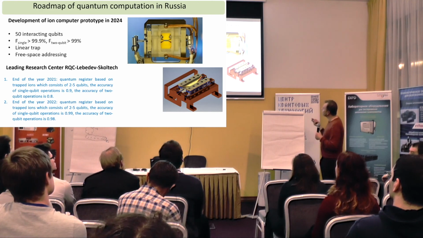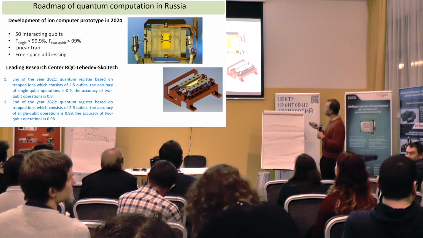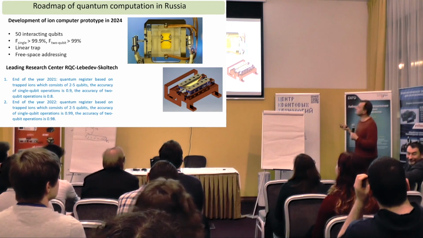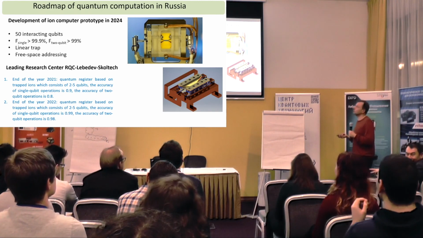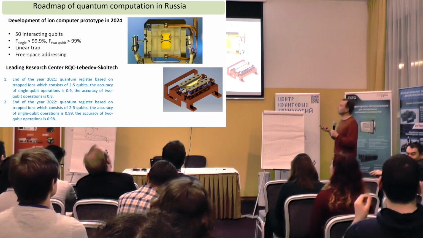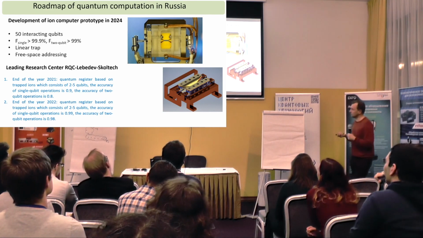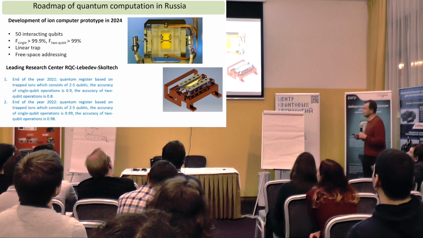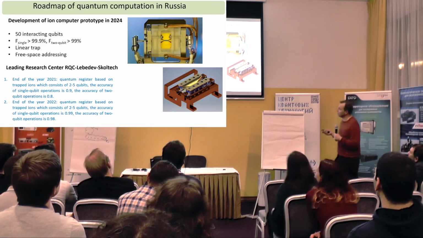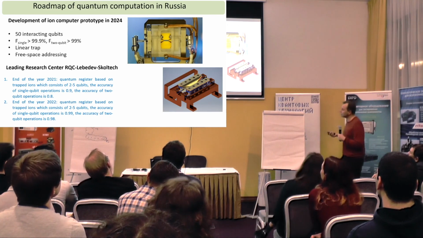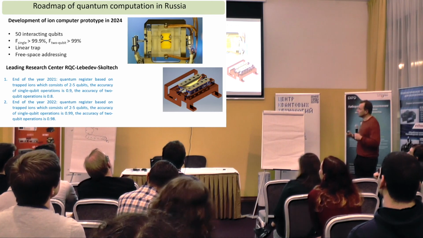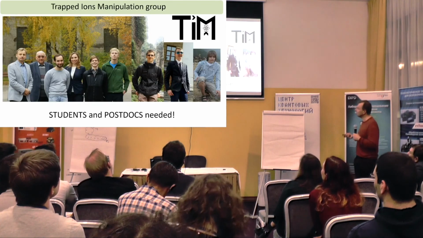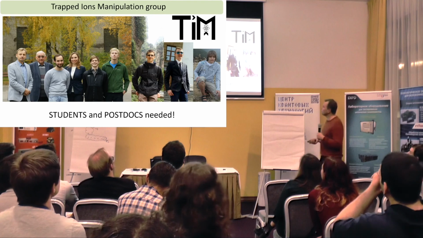I mean, this is a huge goal, but the much smaller goal which we have at the moment is to have, by the end of 2022, a 2 to 5 qubit system with quite decent fidelities, and this is already, I think, supported, and that is what we have to do in a very short time. This is our team at the moment.